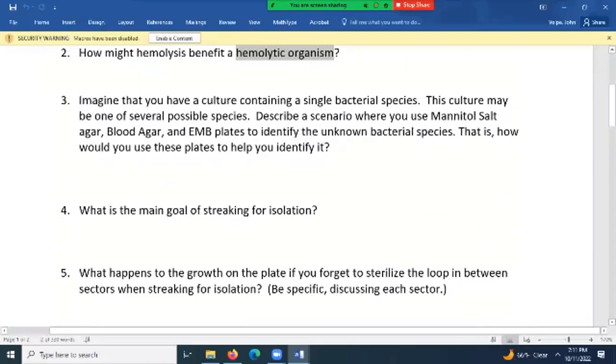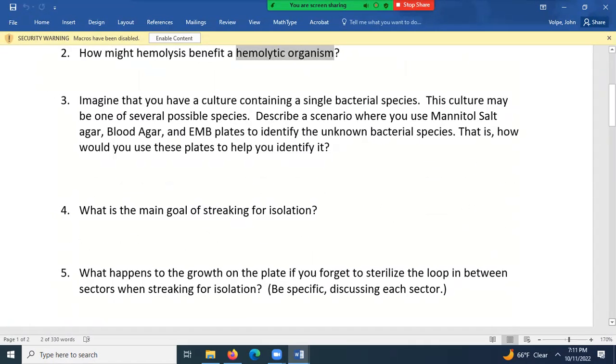And then imagine you have a culture containing a single bacteria species. But the species may be one of several possible species. Describe a scenario where you use mannitol salt agar, blood agar, and EMB plates to help identify the unknown bacterial species. That is, how would you use these plates to help you identify the species?